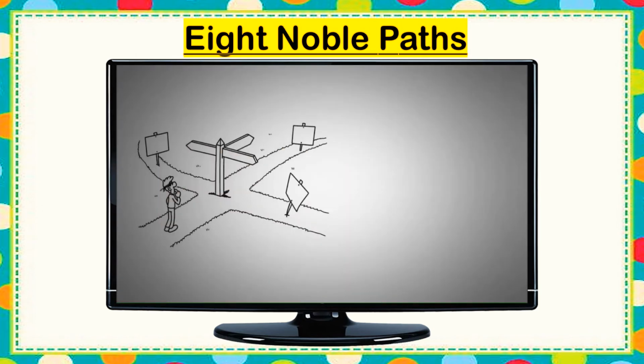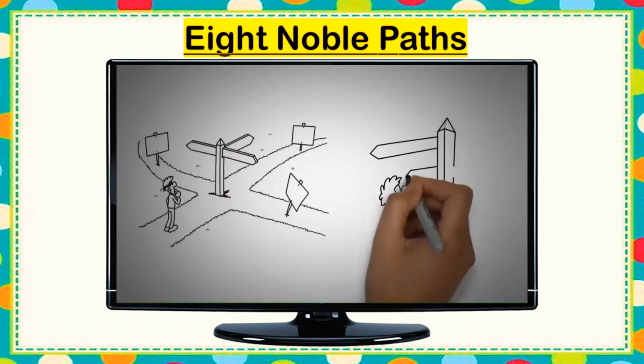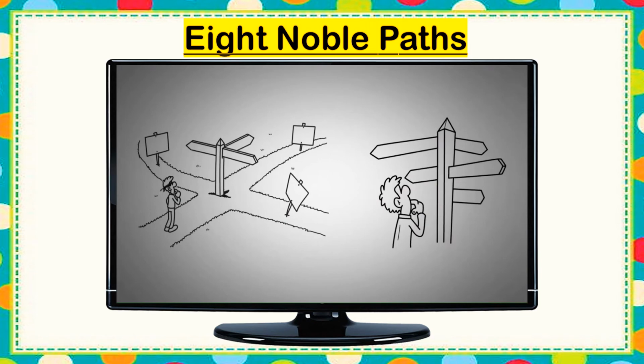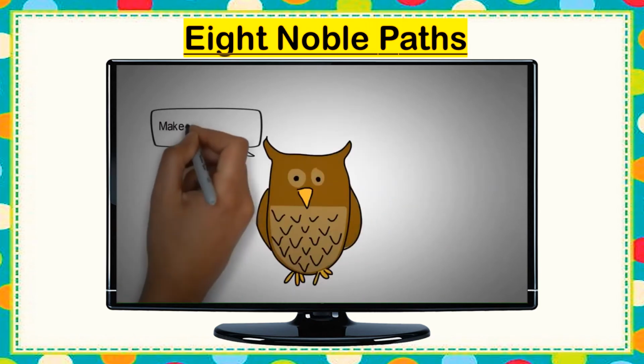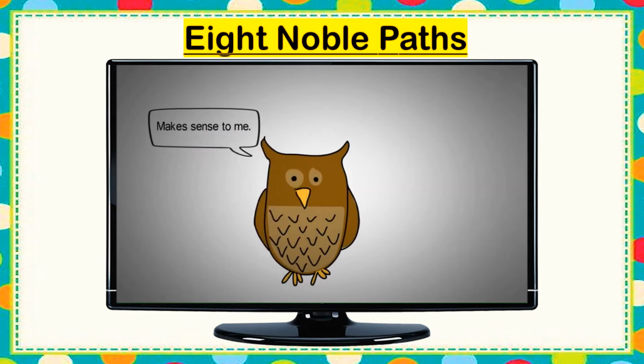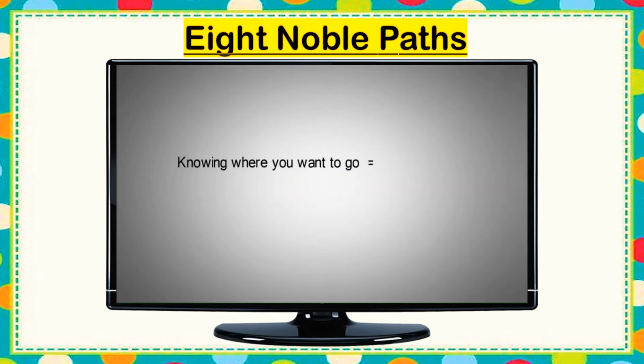You can't walk down a path blindfolded. You have to know where you want to go and why you are going there. This is known as wisdom. And so, the first 2 aspects of the Eightfold Path are known as right view and right intention.